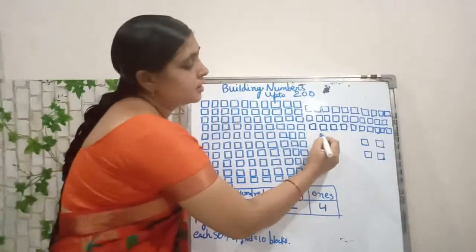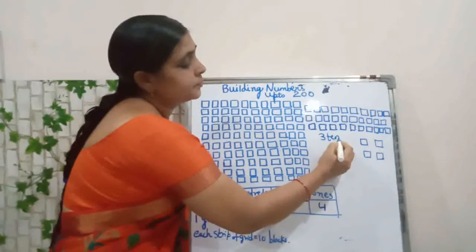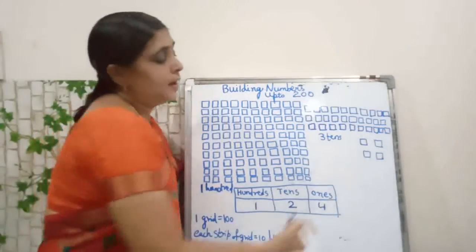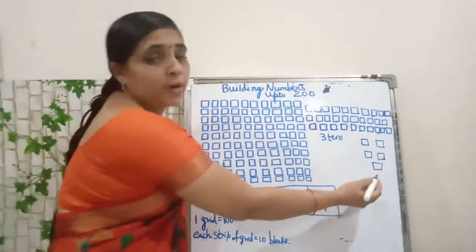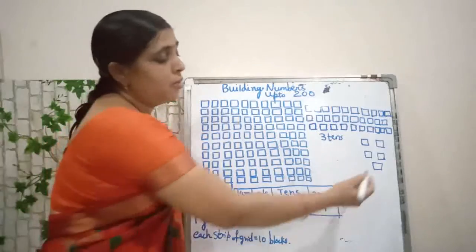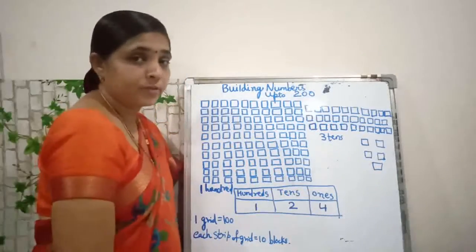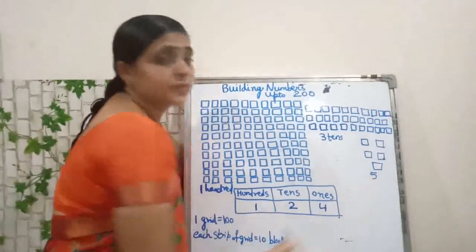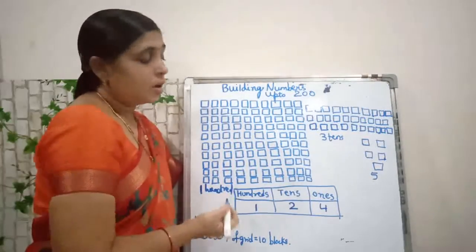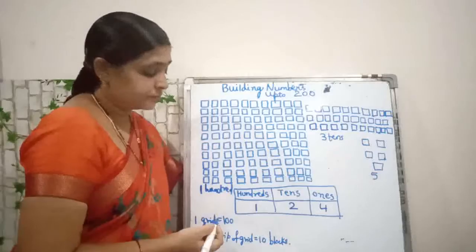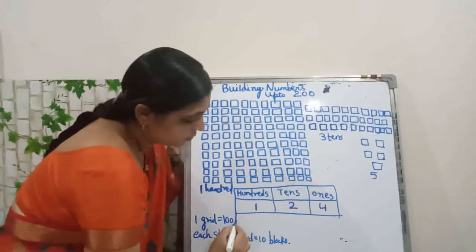You can write 3 tens. And I am adding one more block. One more 1 I have added. So, how many ones are here? 5 ones are here. Yes? Here only 100. Now, how will you write this number?